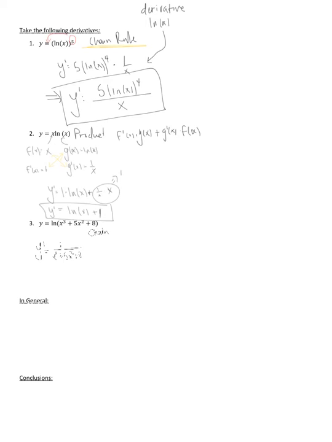But remember, since we're doing a chain rule, we need to multiply by the derivative of the inside function, which is the derivative of this inside polynomial. So we get 3x squared plus 10x and plus 0 from that 8. Then we'll clean this up. Our y prime is 3x squared plus 10x over x to the third plus 5x squared plus 8.